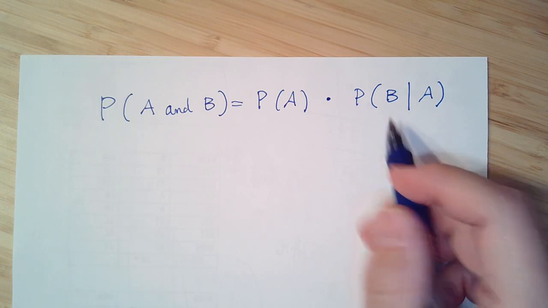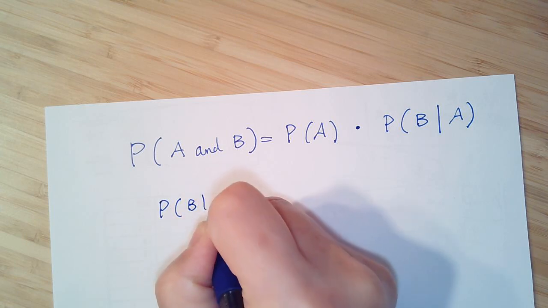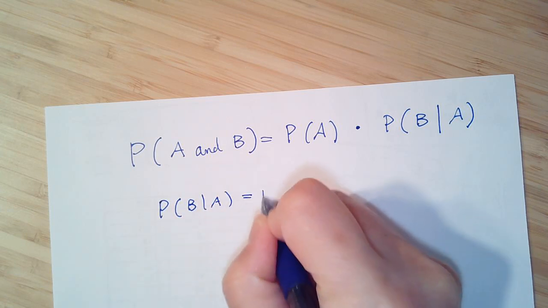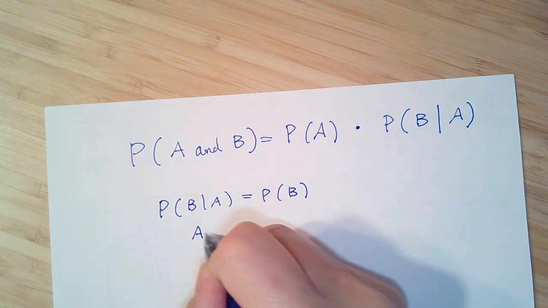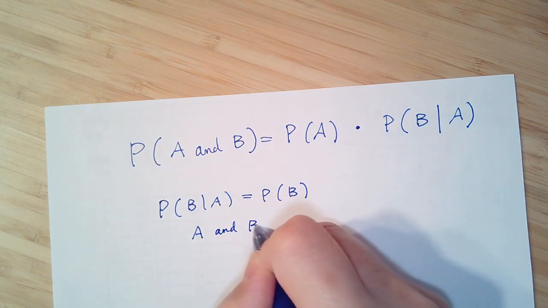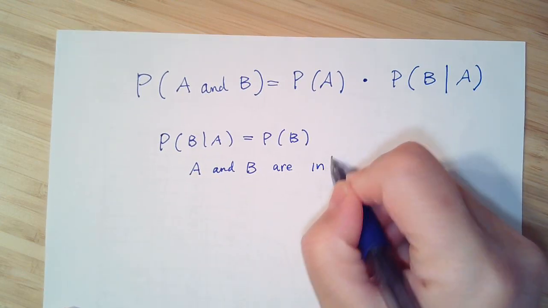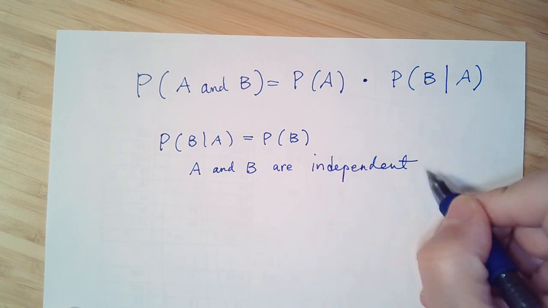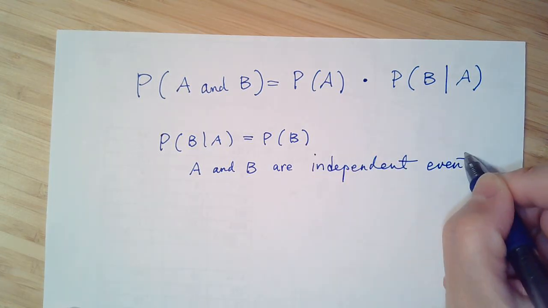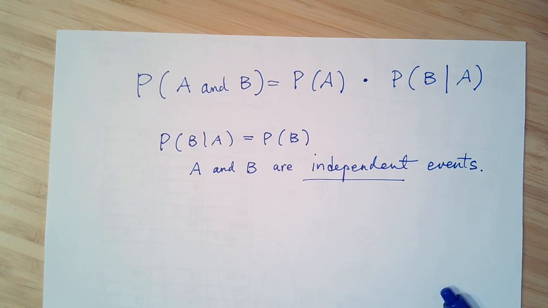In this case, if the probability of B given A is the same as the probability of B, then we call that A and B are independent of each other. Make sense? That's another important concept, right? Independent.